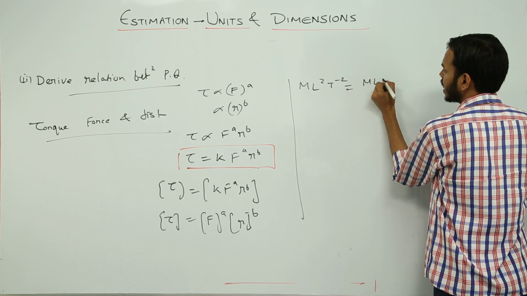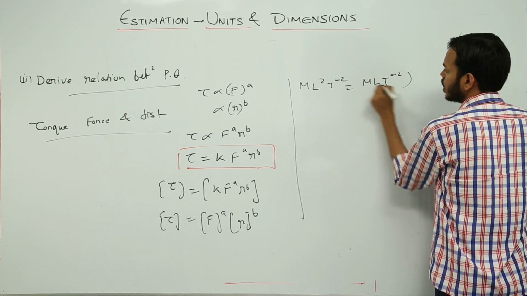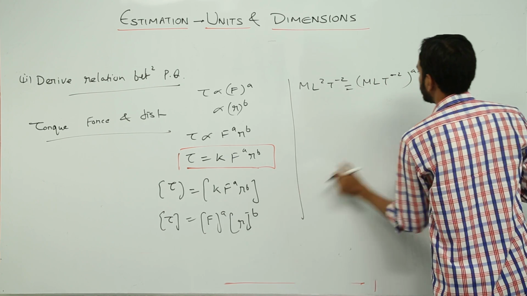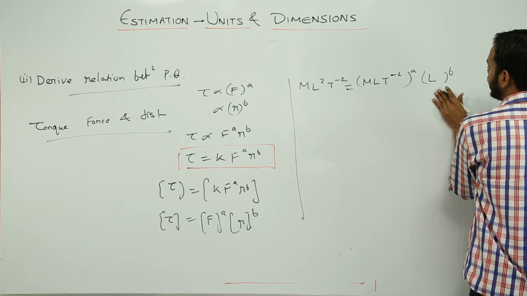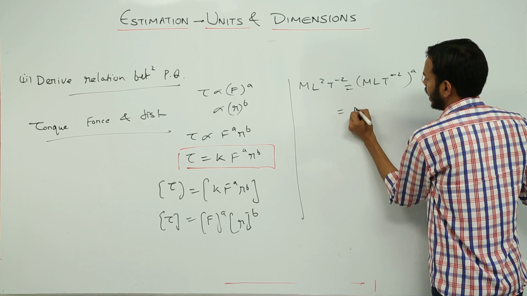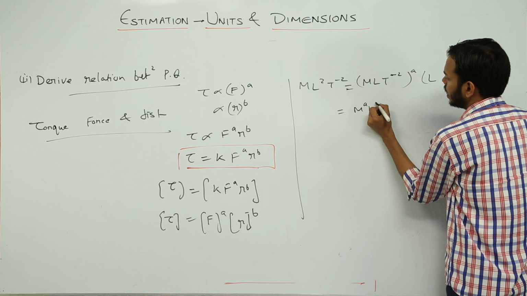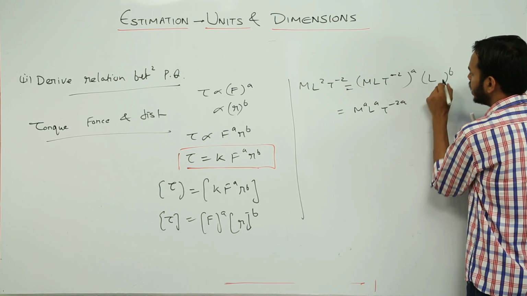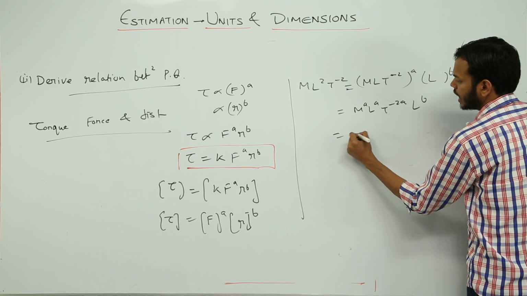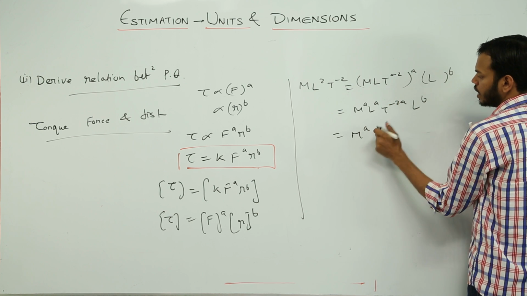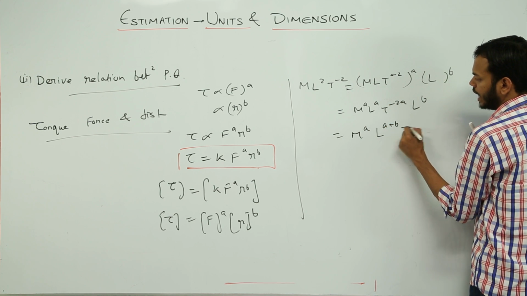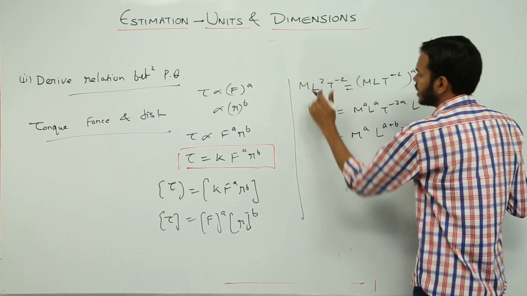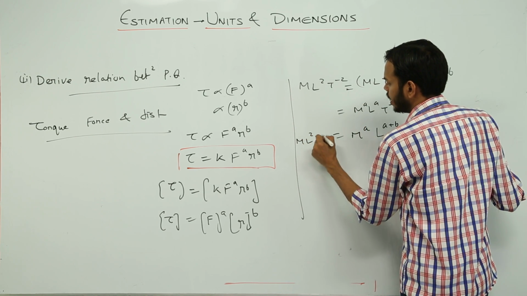F is M L T minus 2 raised to power A, and what is distance? It will be L obviously, raised to power B. So M^A L^A T^(-2A) L^B. I'll get M^A L raised to power A plus B and T raised to power minus 2A. This is equal to M L square T minus 2.